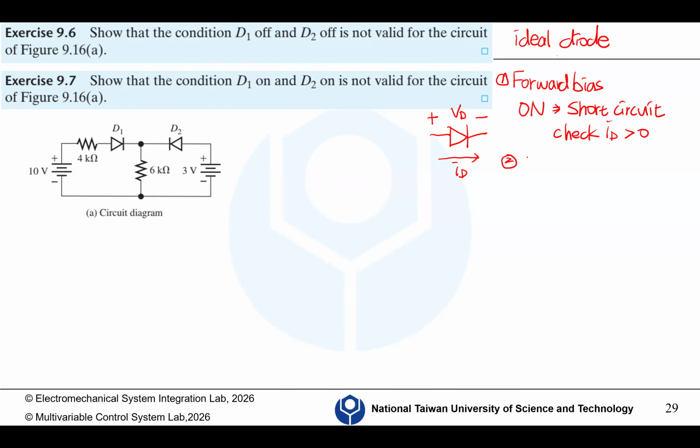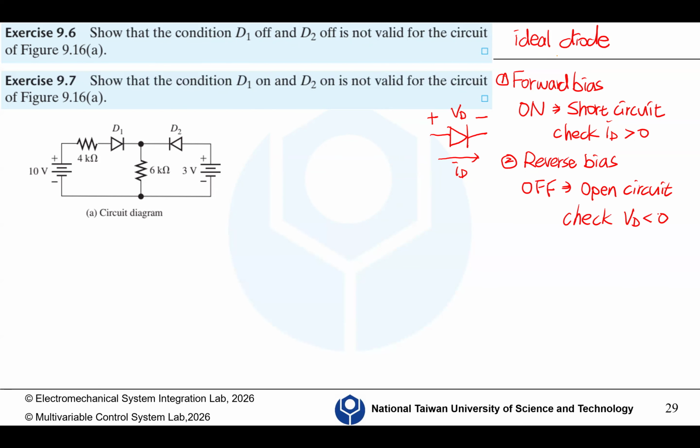Second case, if it's under reverse bias and it is off, then we assume this diode is an open circuit, and we need to check if VD is smaller than 0 because it's open circuit.